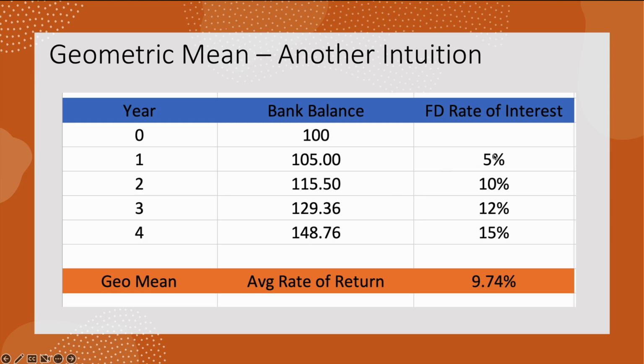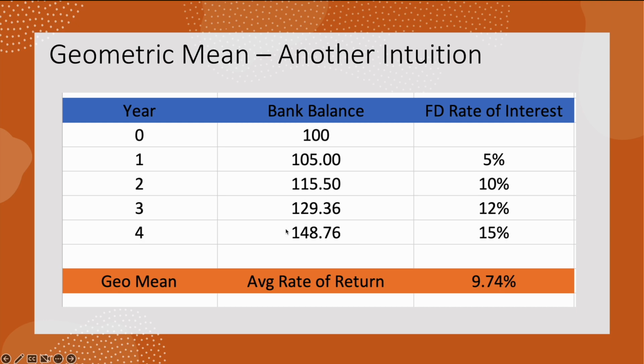And what was the FD rate of interest? 5% for the first year, 10% for the second year, 12% for the third year, and 15% for the fourth year. Now the question is very simple. Can you give me a static rate of interest instead of this variable rate of interest, so that I will achieve the same figure at the end of the 4 years?